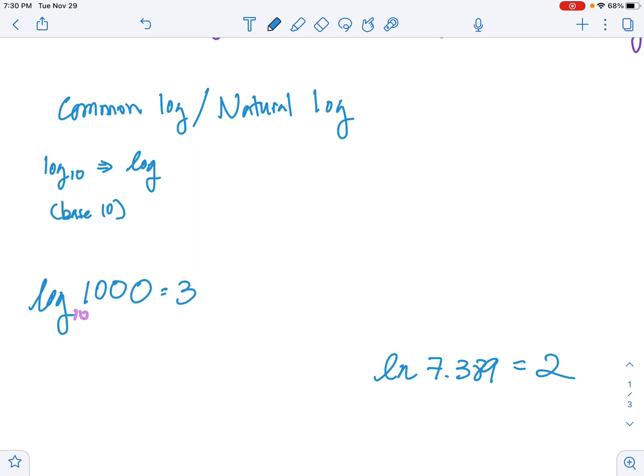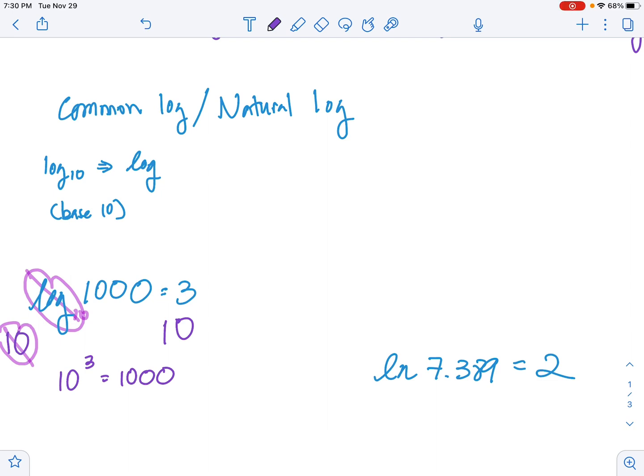So I have a log base 10, so I'm going to apply exponential base of 10 to both sides so that the 10 and the log base 10 cancel out, and you get 10 to the power of 3 equals 1,000. That should make sense. So that's how we use common log.